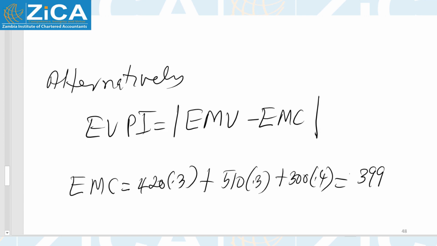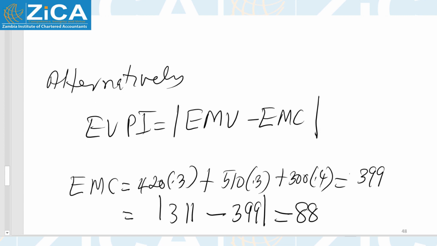So we have the expected value, 311, minus the expected value with certainty. If you subtract, you get 88, the same answer.